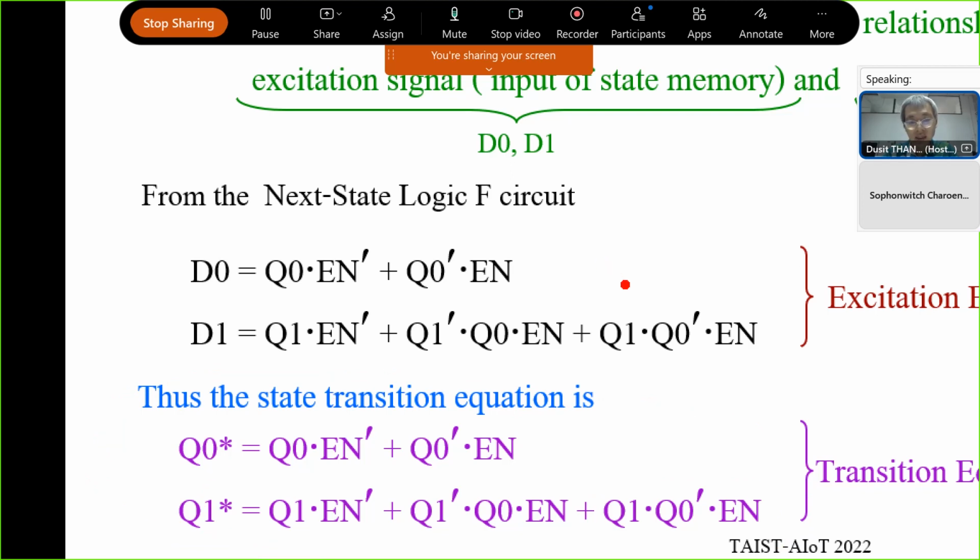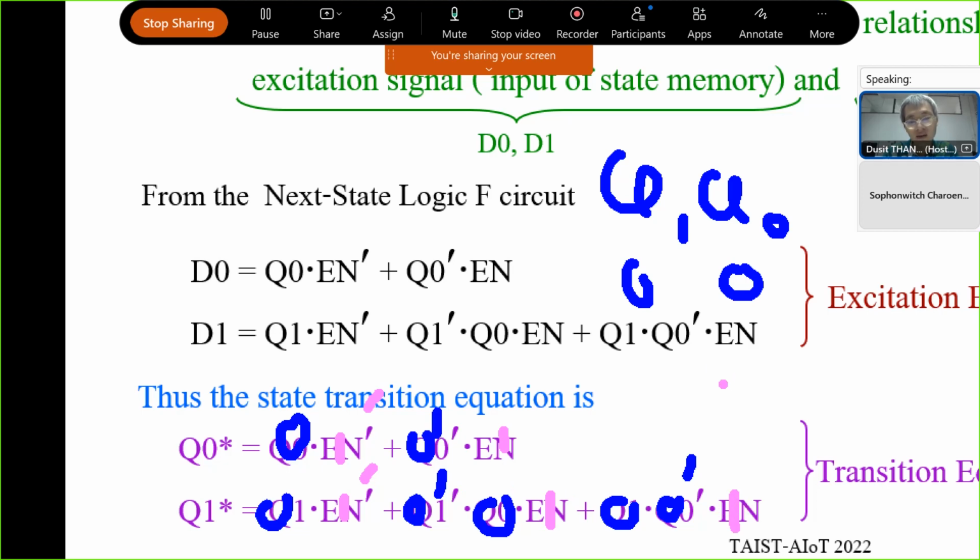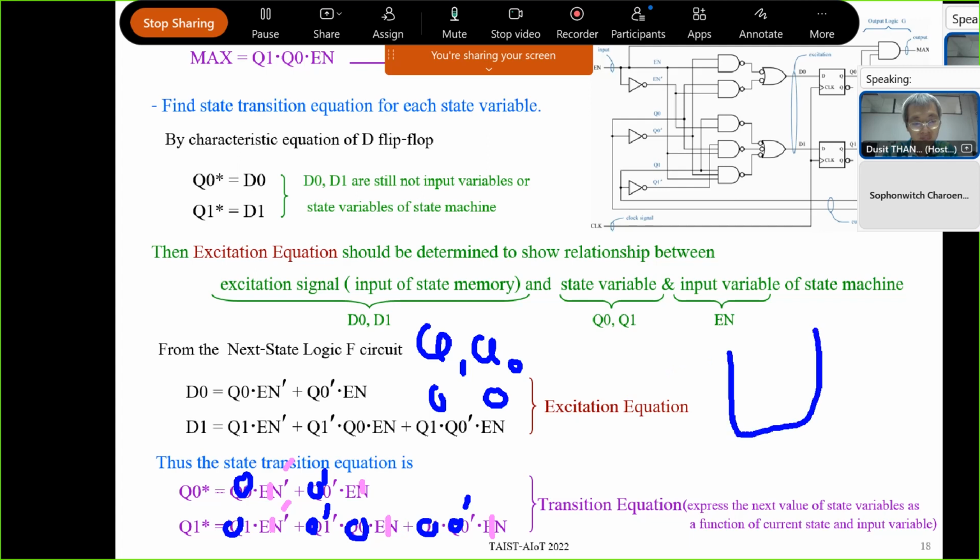For example, if the current state or present state Q1, Q0 is 0, 0, and the external input is 1, that means the output of circuit F, when input EN is 1 and Q1, Q0 is 0, will generate D0, D1 as what?